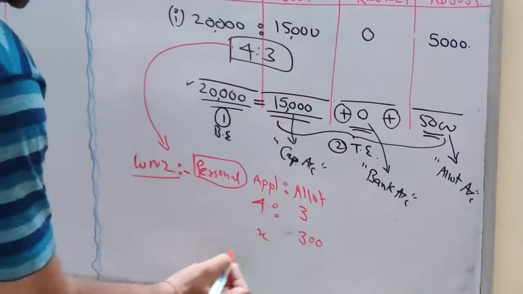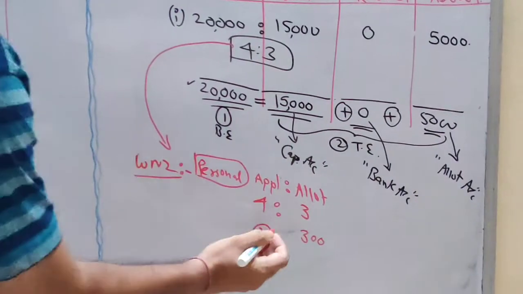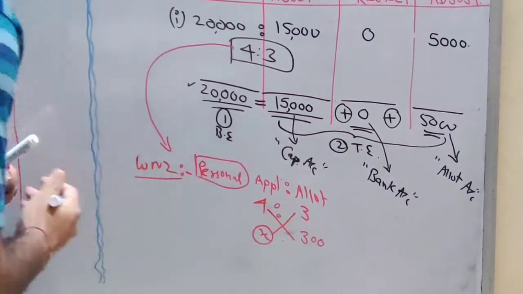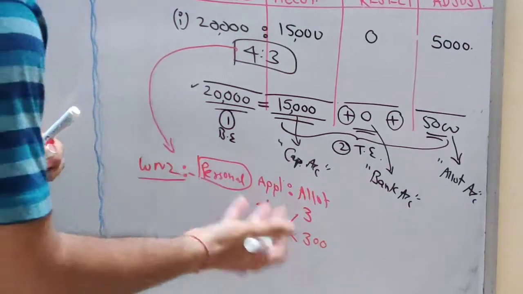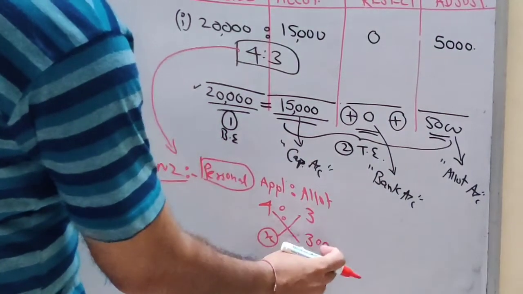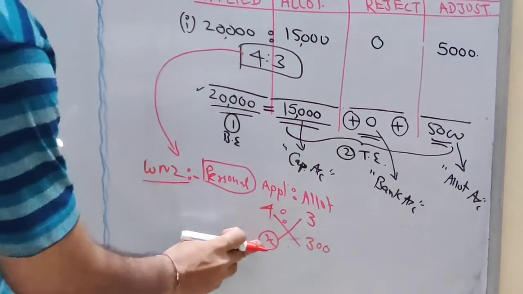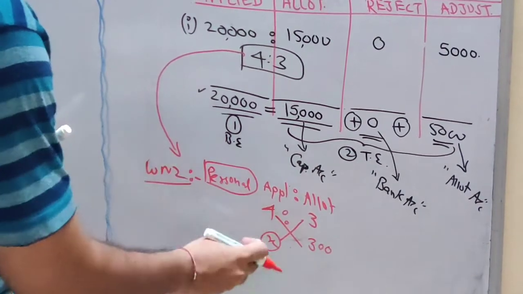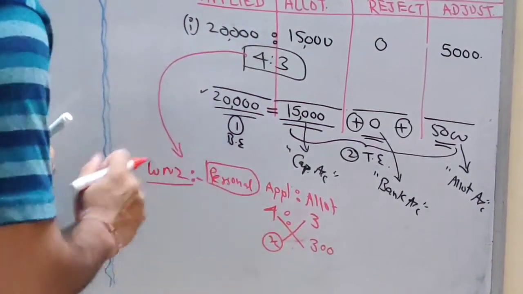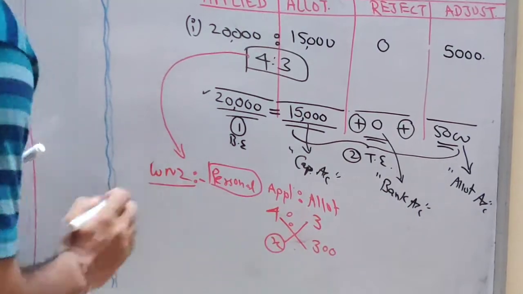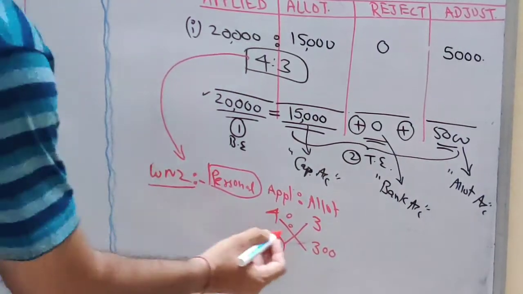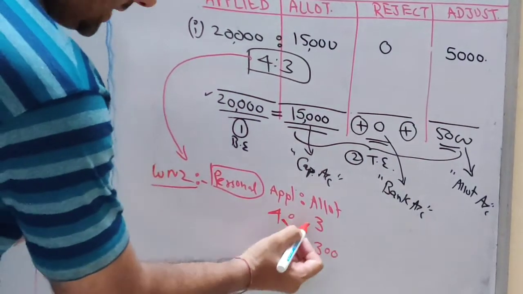So how many shares has he applied for? If 300 shares were allotted to Ashutosh, we need to find how many shares he has applied for. So we are finding the application. To find this, you will cross multiply.